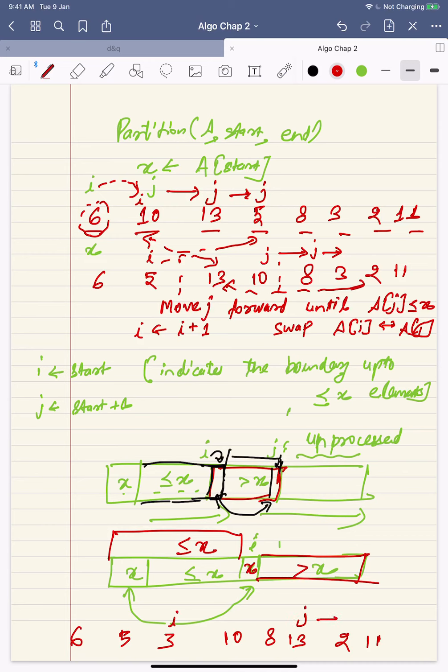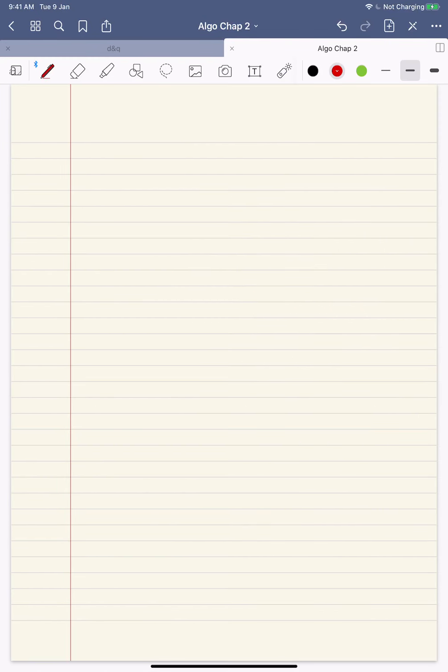Either you go forward, and that time you will replace this 2 with 10, and that will be the final thing. Last value is greater than x. So your overall array becomes 6, 5, 3, 2, 8, 13, 10, 11. And that's where your I is, and that's where your j is at the end. And because j reaches the end of the array, you stop.